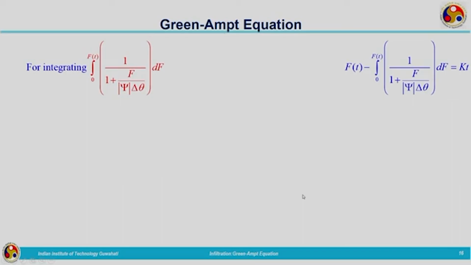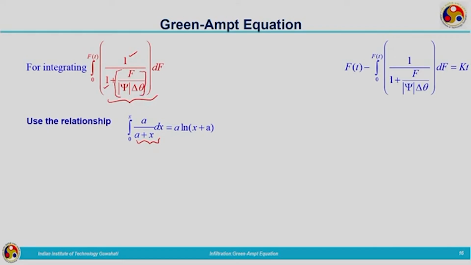For integrating this, we are going back to our basic calculus and making use of one particular integral. Integral 0 to x of a divided by a plus x dx can be taken. So, what is the solution for this integral? That is a ln x plus a. You can compare these two expressions within the integral. Integrand we are comparing. So, instead of a we are having 1 and a plus x, 1 plus x is given by this complete quantity.